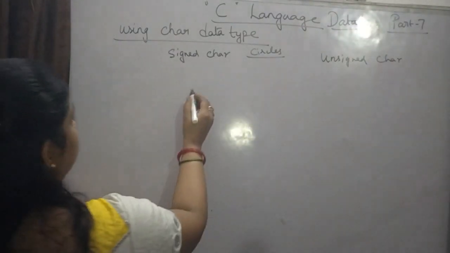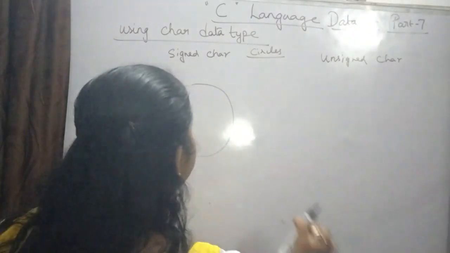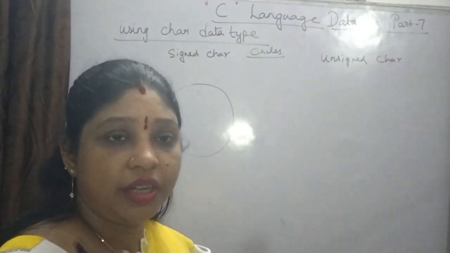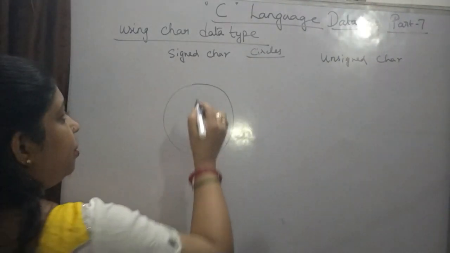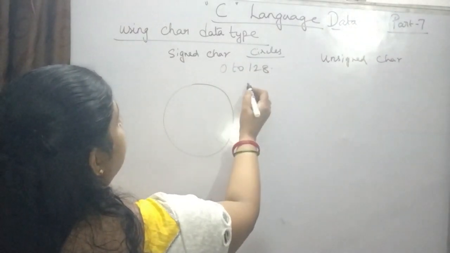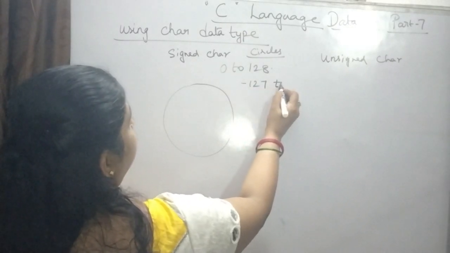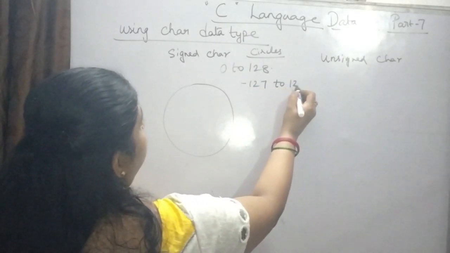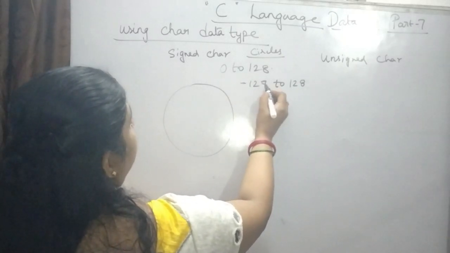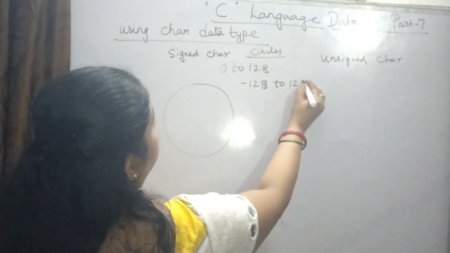Now, under signed char, the range of values is from minus 128 to 127.